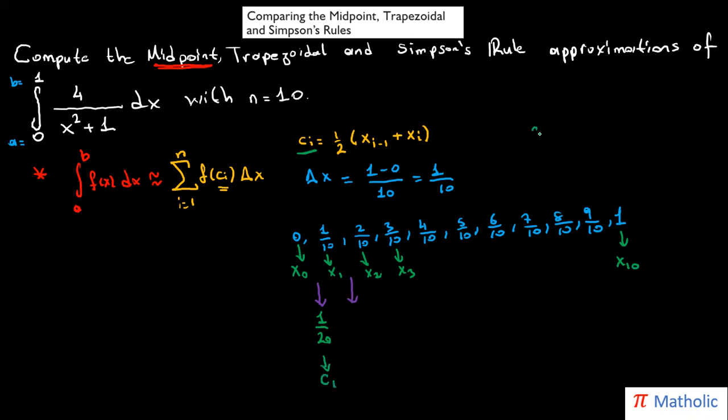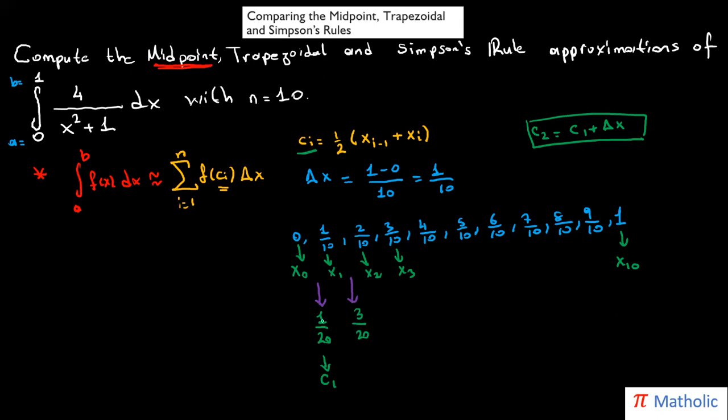If you want to find c2, we say c1 plus delta x, right? It's the easy way. Is that correct? Yes. So the next one is 1 over 20 plus 1 over 10, which is 3 over 20.